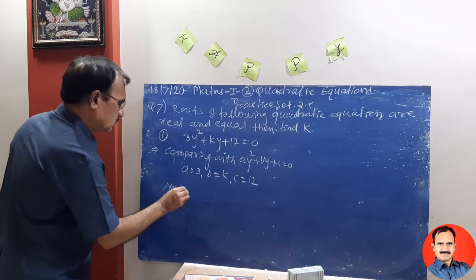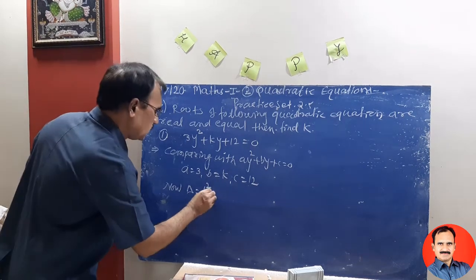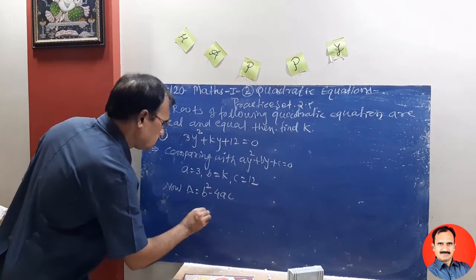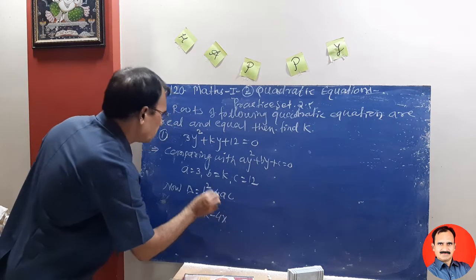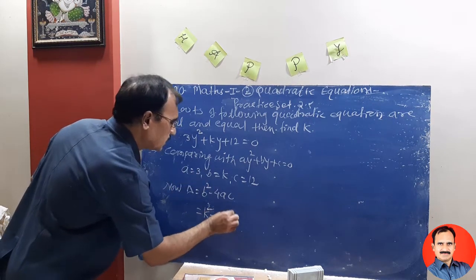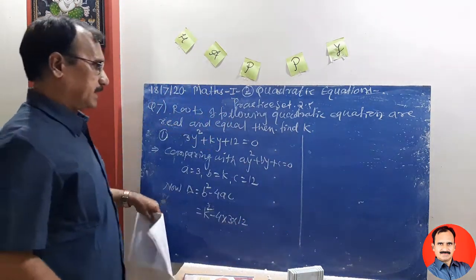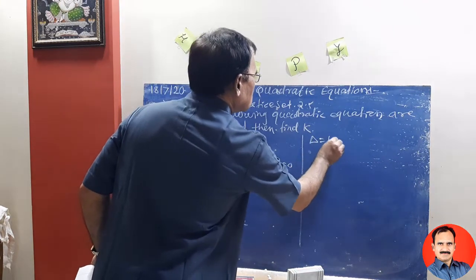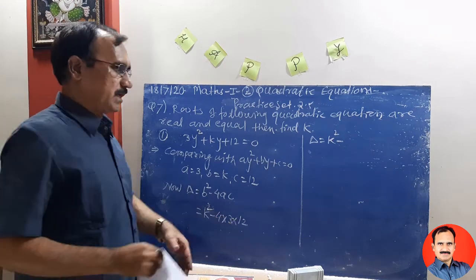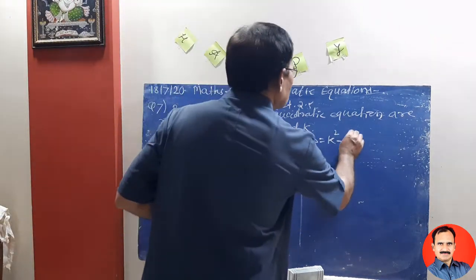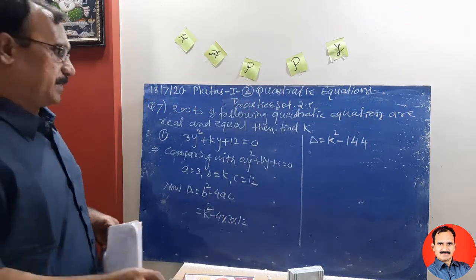Now delta, the value of discriminant, is equal to b square minus 4ac, that is k square minus 4 into a is 3 and c is 12. Here delta is equal to k square minus 4 3s are 12, and 12 12s are 144, which is square of 12.